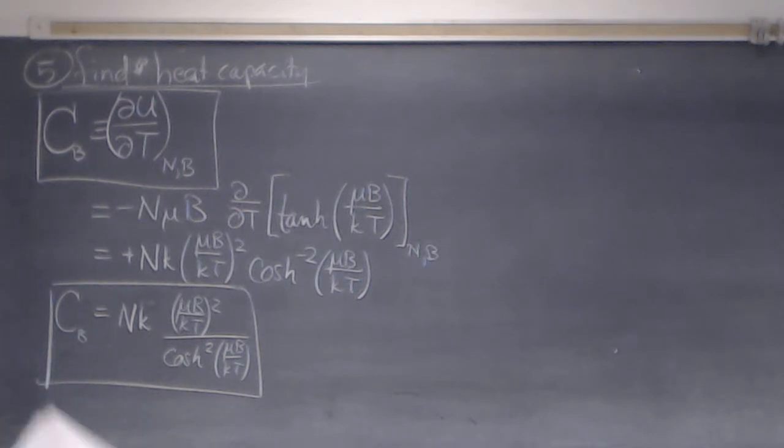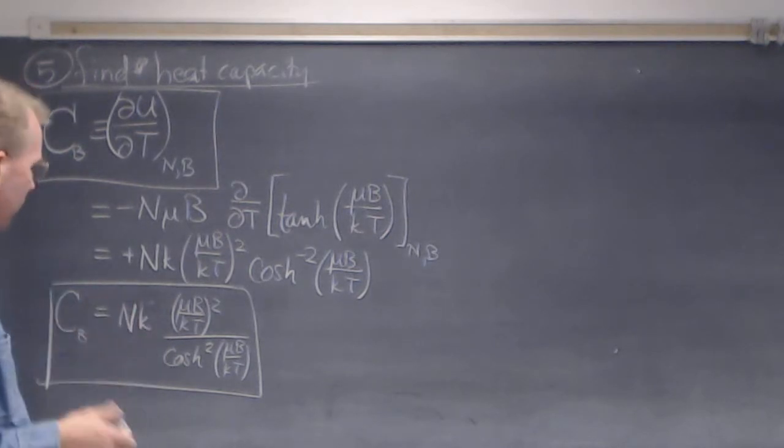Great. Now we've got the heat capacity at constant magnetic field. So it tells us how much heat it takes for a rise in temperature.